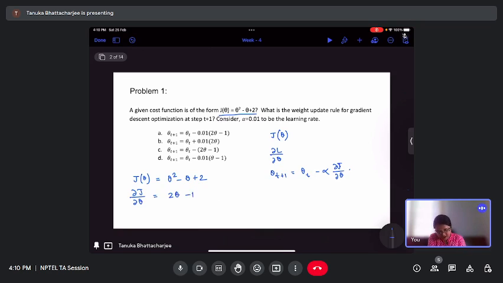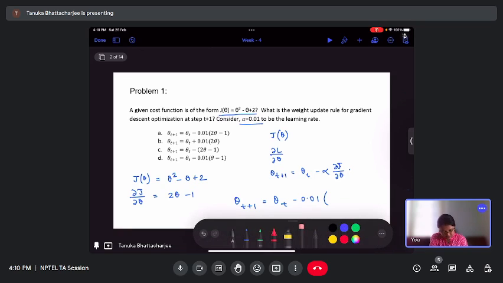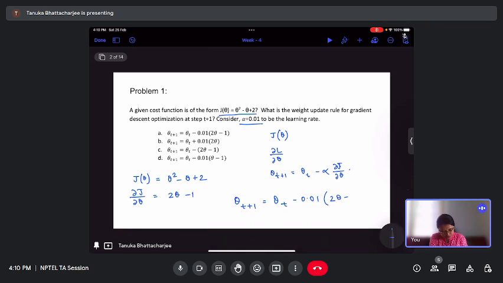So your weight updation rule at the step t plus 1 will be theta t plus 1 equals theta t minus alpha, which is here given as 0.01, so 0.01 times del j del theta, which is 2 theta minus 1. That is the option A in this particular question. Theta t plus 1 equal to theta t minus 0.01 into 2 theta minus 1.